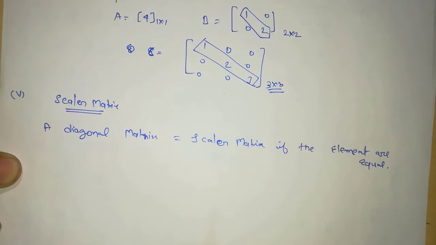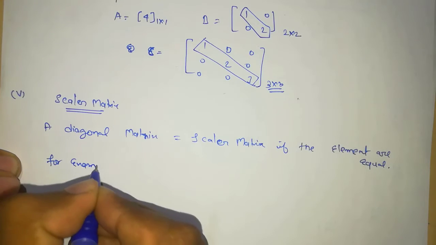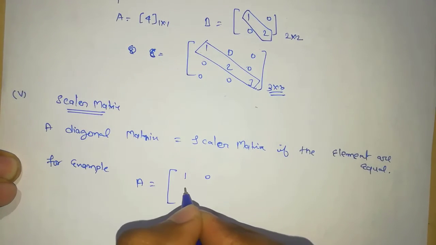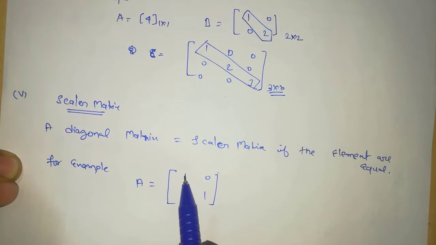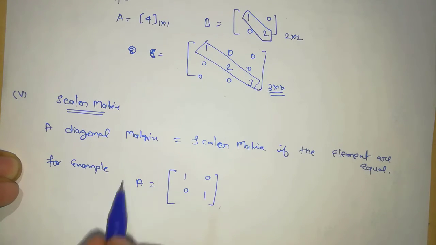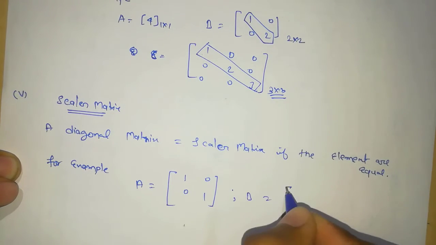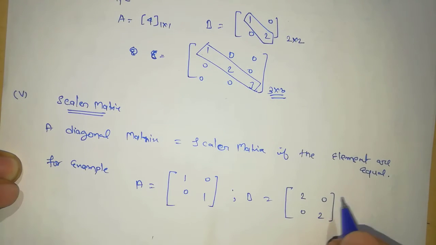For example, A equals 1, 0, 0, 1. The first element A11 and the second element A22 have the same value, so this is called a scalar matrix. The next example, 2, 0, 0, 2, is also a scalar matrix.